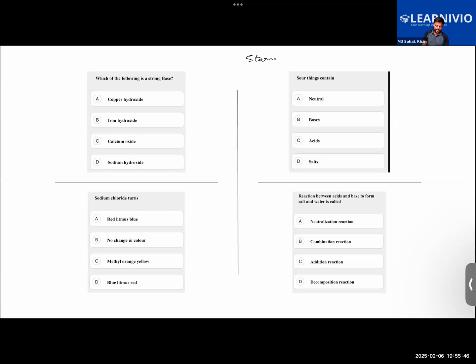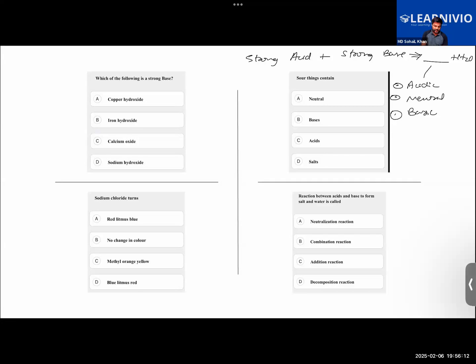As a reaction between the two, the salt formed here along with water, will it be acidic, or neutral, or basic? Neutral. It will be neutral.